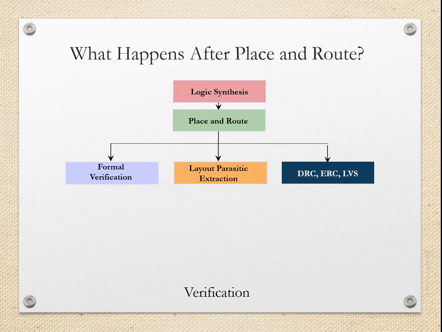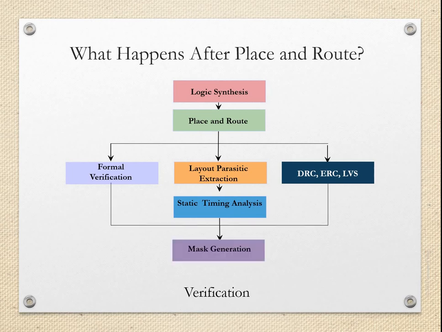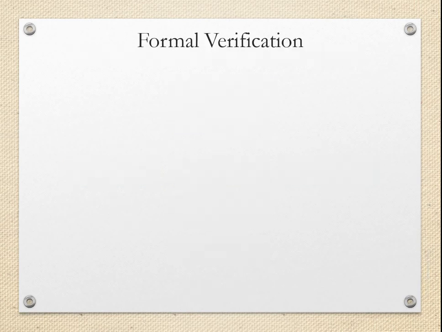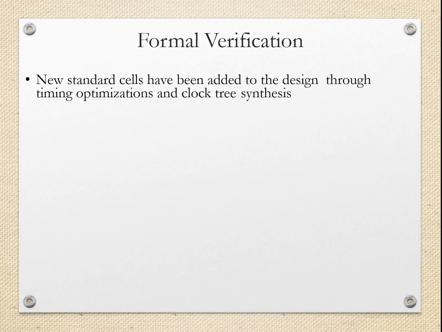All these checks will be done, and then the static timing analysis will be performed, and finally the mask will be generated. So one by one we will see all the steps. First we will go for this formal verification.